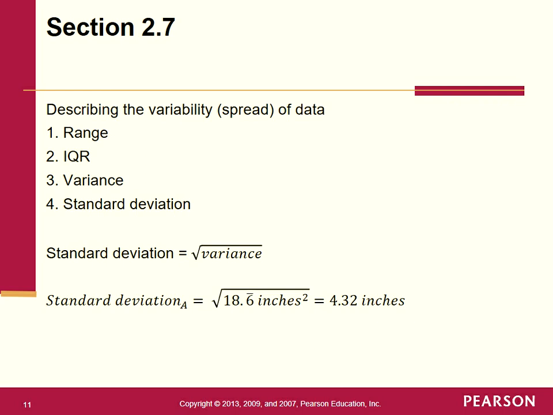That's important. So the units for the standard deviation are the units of x. We can say that the standard deviation for A is 4.32 inches. For data set B, the square root of 64 turns out to be 8. 8 what? 8 inches.